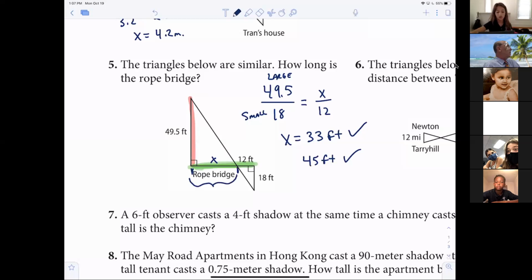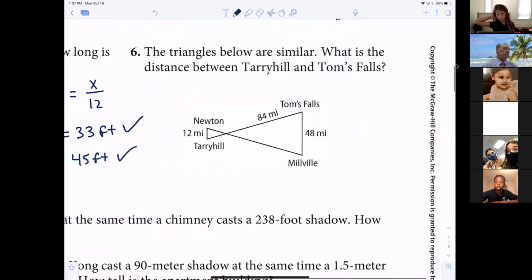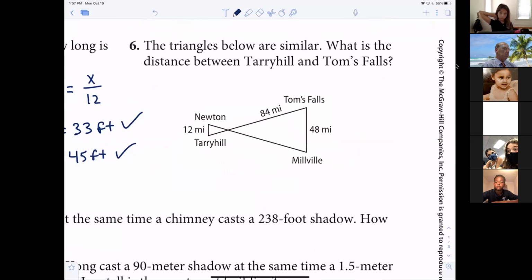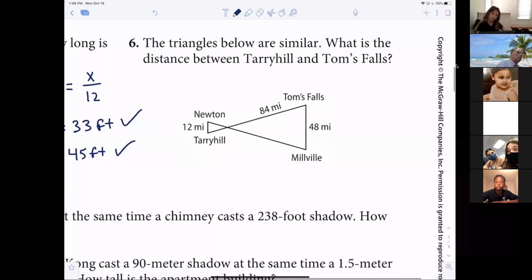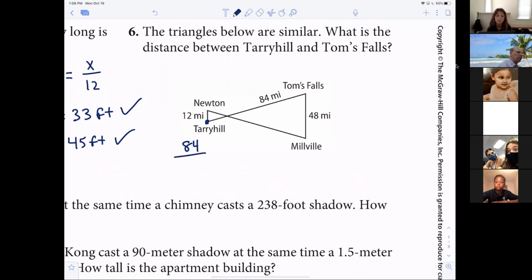All right, Trey's going to read number 6. I would say absolutely not. 84 over X equals 48 over 12.